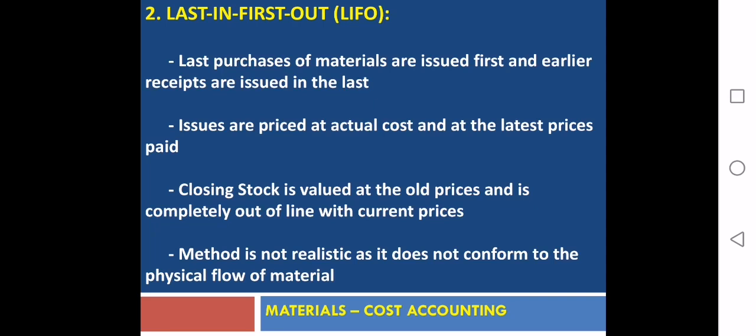Generally the people in charge in the stores tend to send the goods received first to the production department, like the FIFO method. Though this method is there, on record it only appears that last in is sent out first, but when you go for physical verification, in most cases there will be variation between the records and the stock.